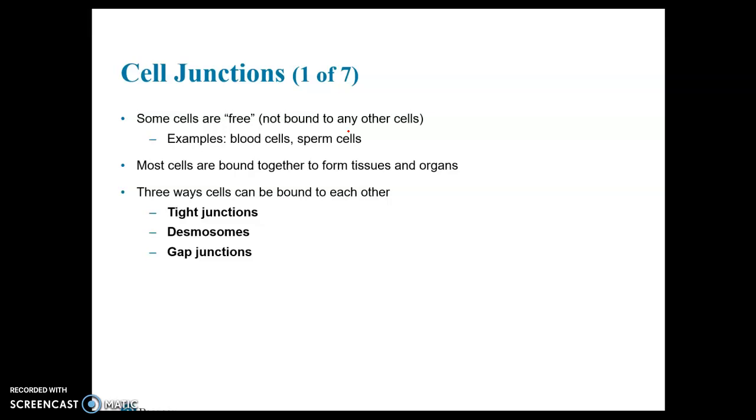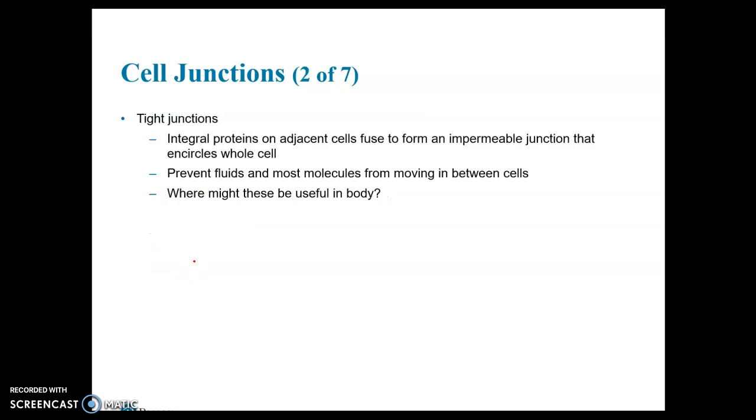Now, there are 3 types of cell junctions. There are tight junctions, desmosomes, and gap junctions. And these all connect cells to one another and help to form tissues. Tight junctions form a tight seal, an impermeable junction that encircles the entire cell and prevents fluid and other molecules from moving in between cells.